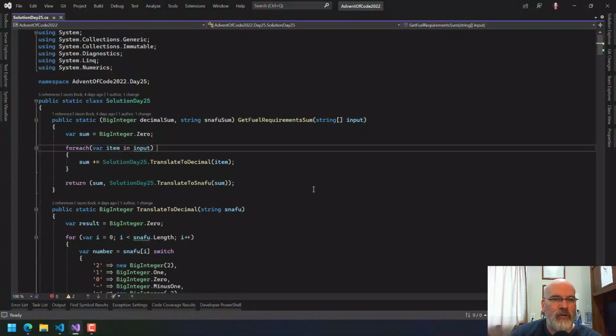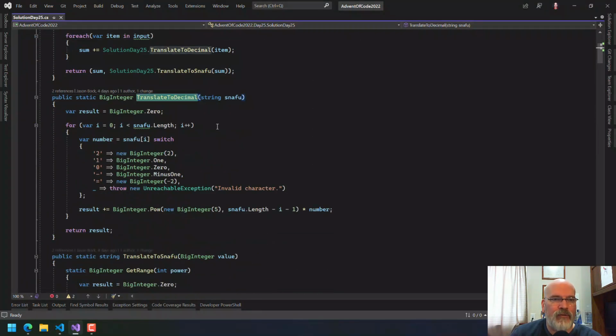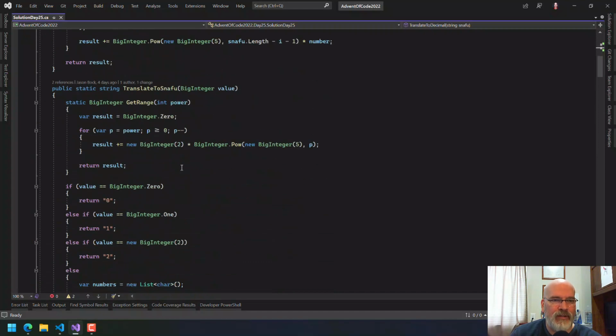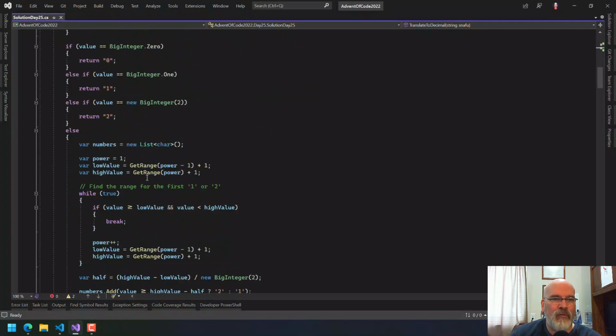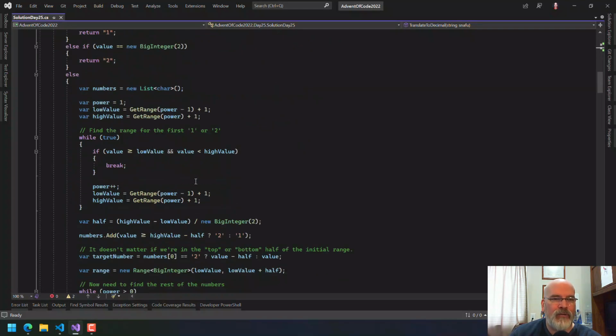And so to go from one to the other, like I have to translate the decimal, that's easy. Okay, that's not that much work. Translating it back to a snafu number, I had to do a little bit more work to figure out, well, do I have a 0 and 1 in front?